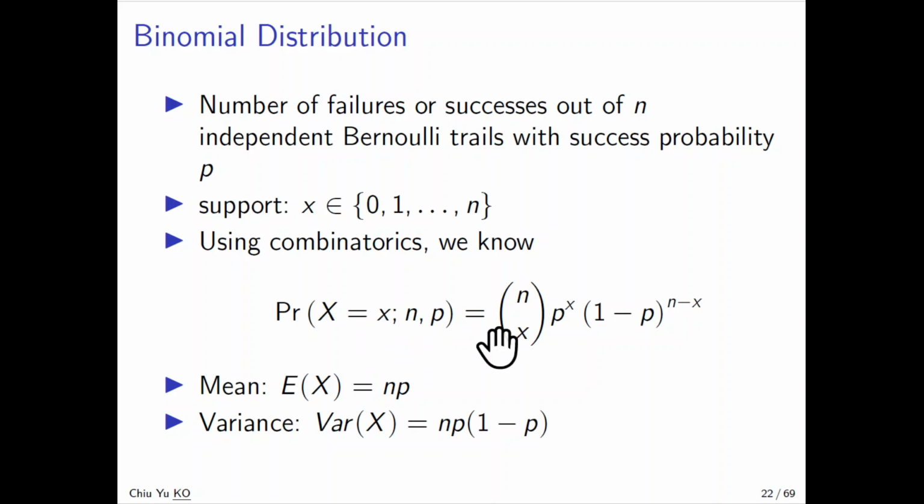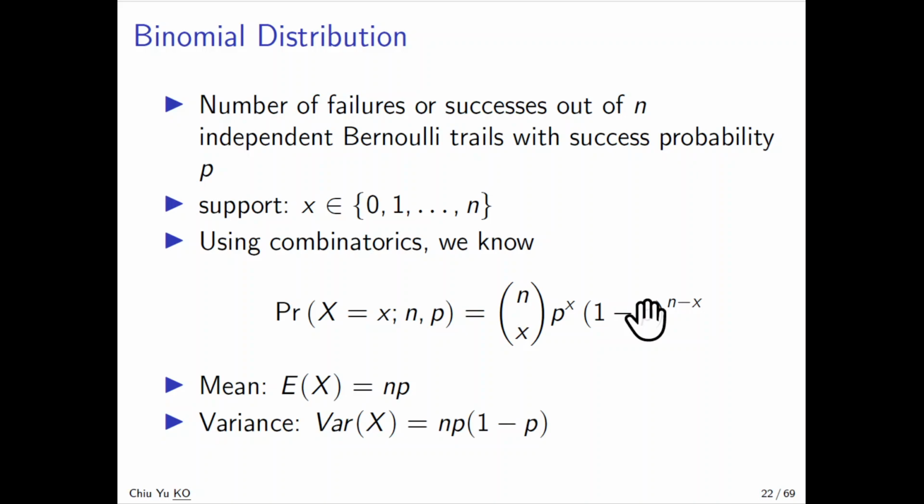It is p to the power x, and then 1 minus p to the n minus x for the failures. So this is the joint probability that this would happen. Suppose the first x trials are successes and all the rest are failures. So this is that probability.